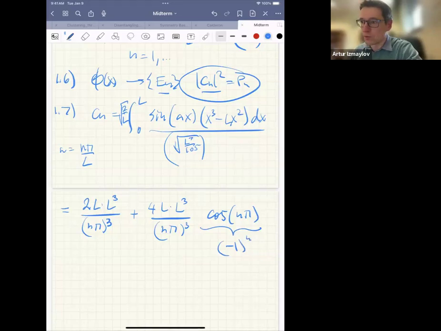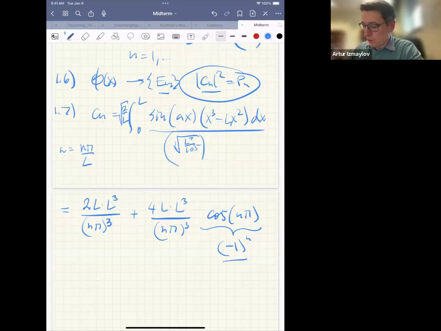And the cosine of n pi is -1 to the power of n, because if n is 0, cosine is 1. If n is 1, then cosine of pi is going to be -1, right? And so on. So this is -1 to the power of n.